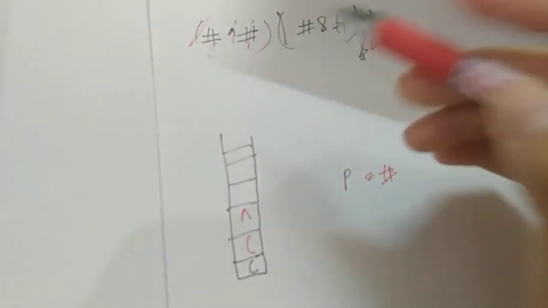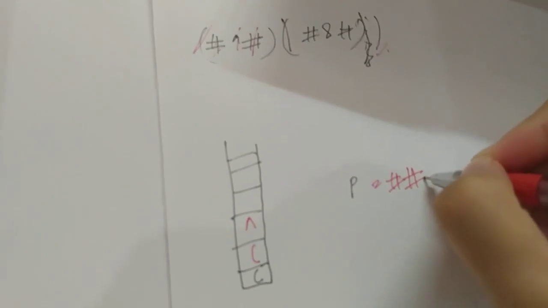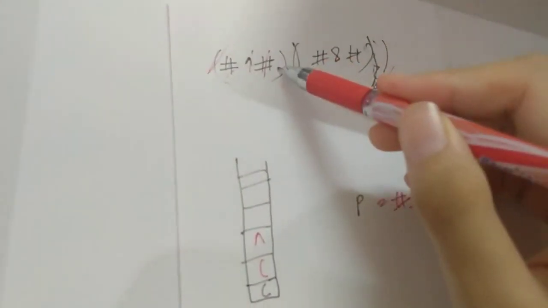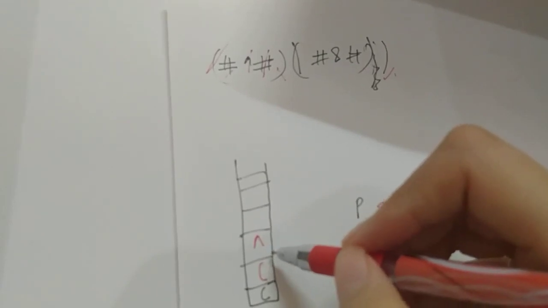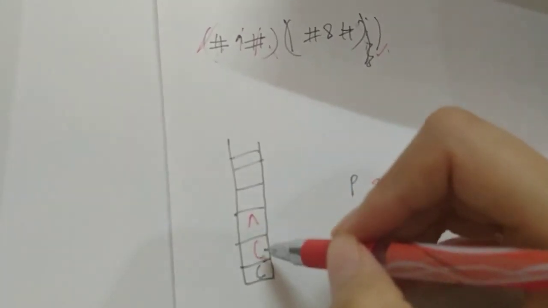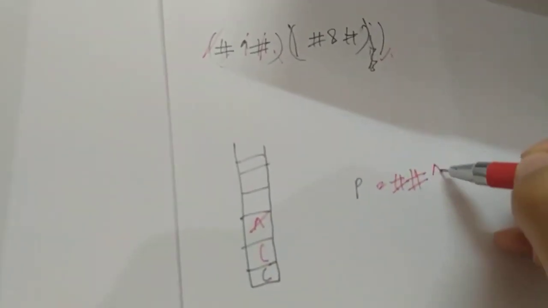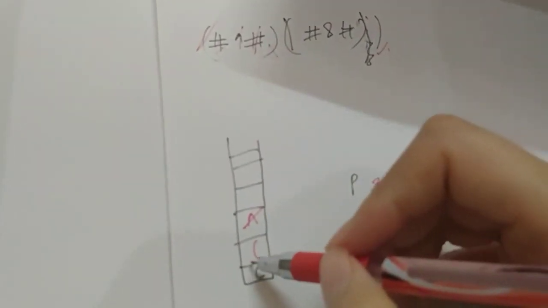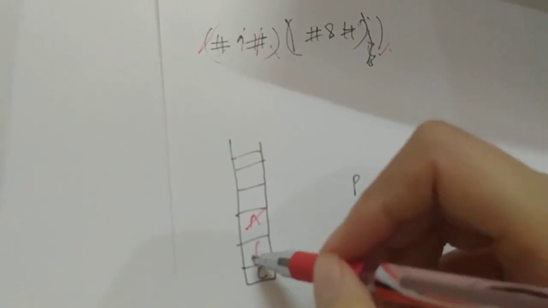We encountered hash, we appended it into the string. We encountered a closing parenthesis. We pop all the operators till the first opening parenthesis in the stack. We pop this, add it to Q, and we encountered an opening parenthesis here, so we just pop it.